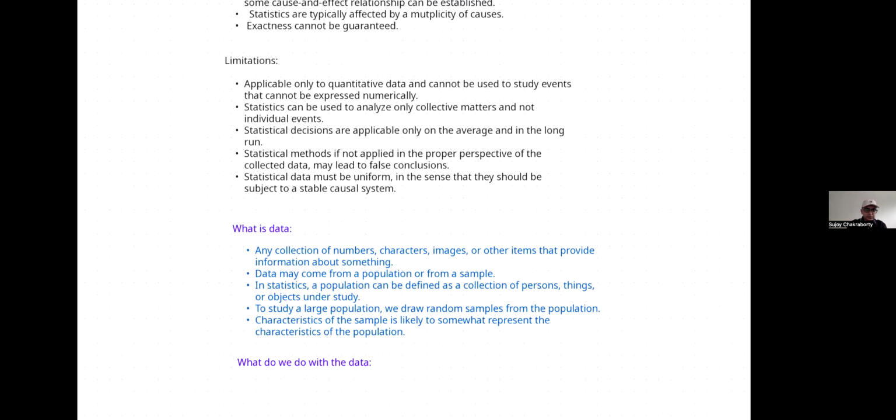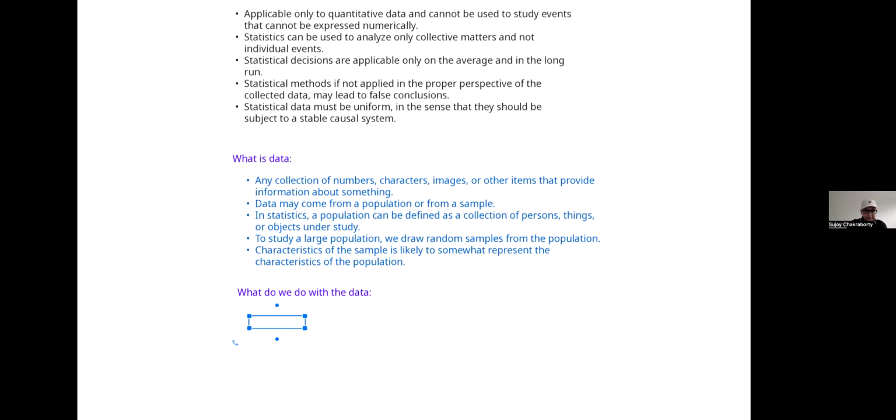So what we typically do with data is that we collect data first, then we analyze, summarize and interpret the data, and then make some decisions or some conclusions, right?